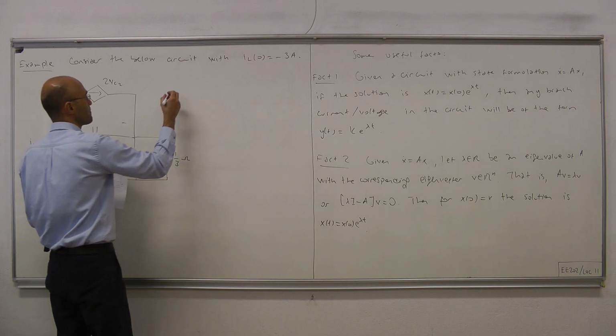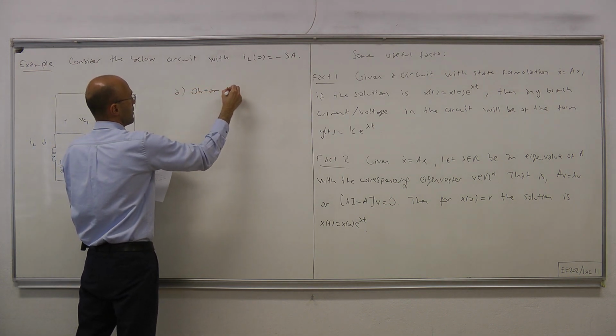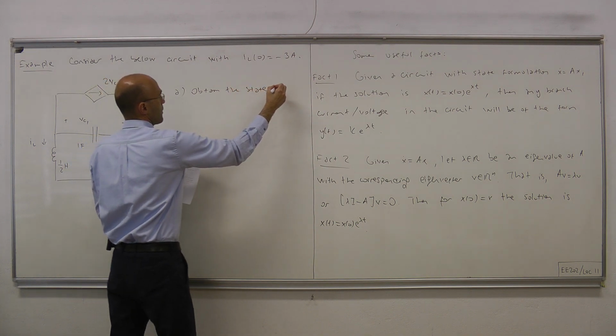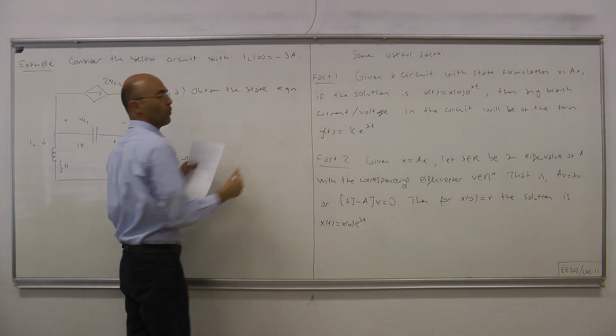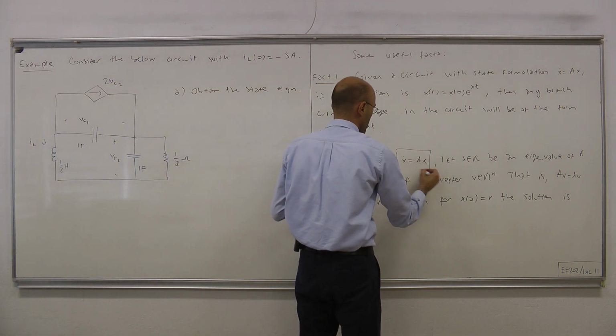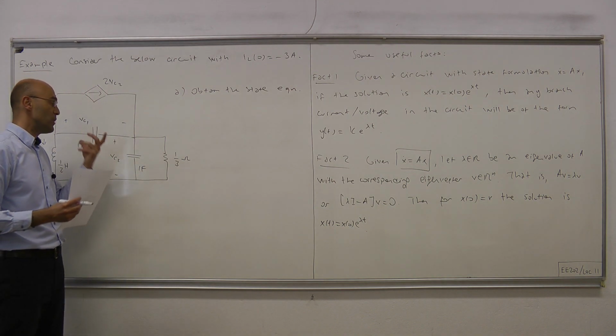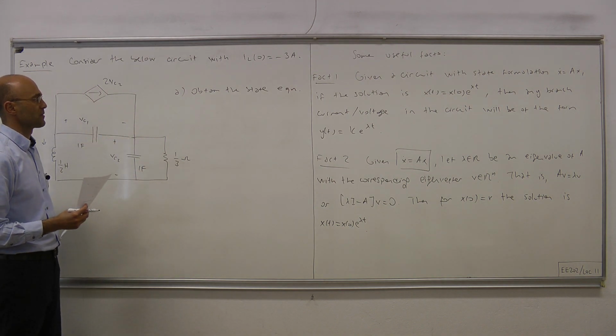Now for this circuit, first obtain the state equation, which clearly will be in this form. Okay, it will be a homogeneous equation because we have no inputs in the circuit, we have no independent sources.